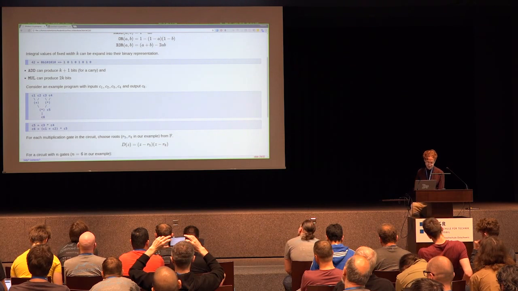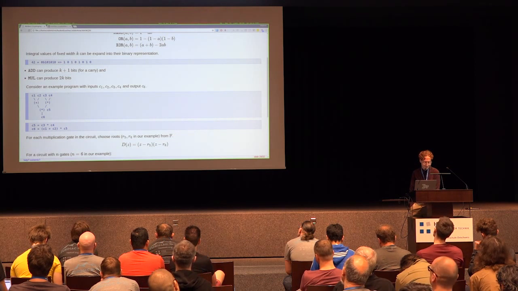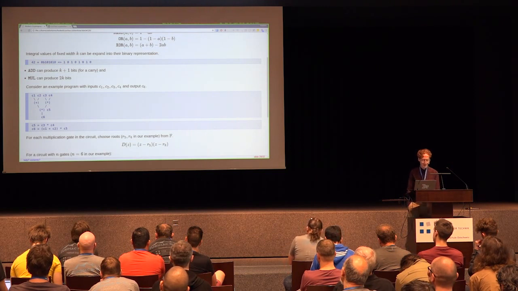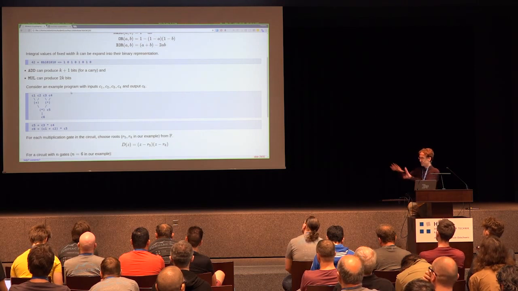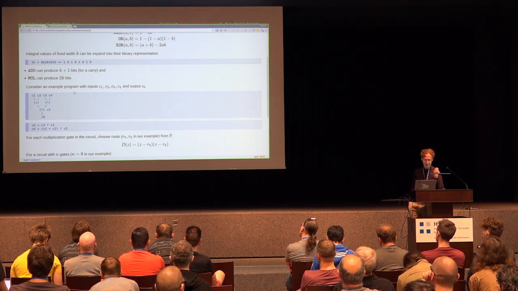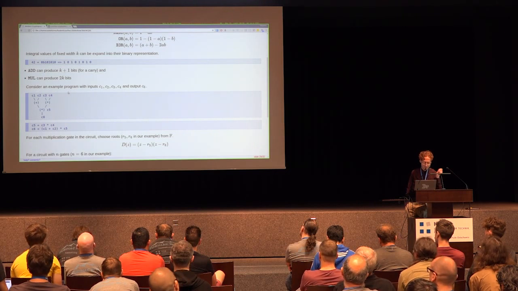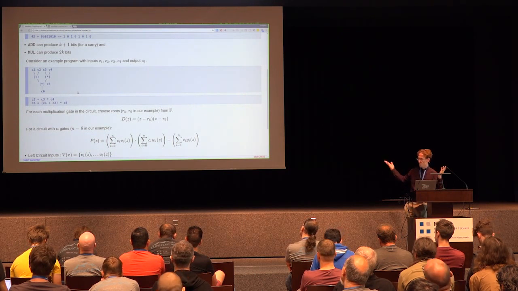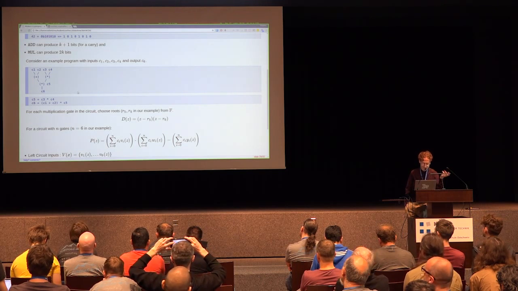As an example, if you have a circuit which is the equation C1 plus C2 times C3 times C4, I'm going to construct a sort of obfuscated circuit out of this simple program. C1, C2, C3, C4 are all going to be private inputs to the circuit that we compile, and we produce a proof that we ran it correctly.